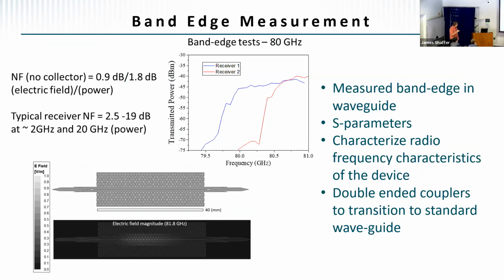So here is actually a 2-port device that we started to use to measure band edge. So this is done in a RF setup with a network analyzer. And as you tune the frequency, and you would stick this end of the device, sorry, you can't see very well in here, into a waveguide, and then this into a waveguide.